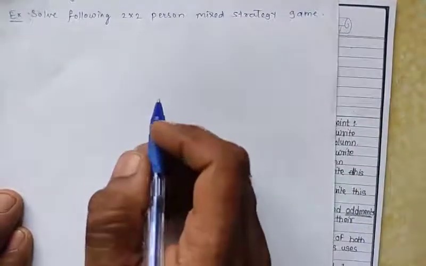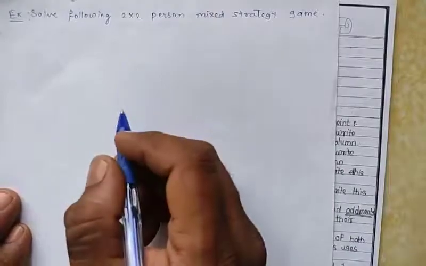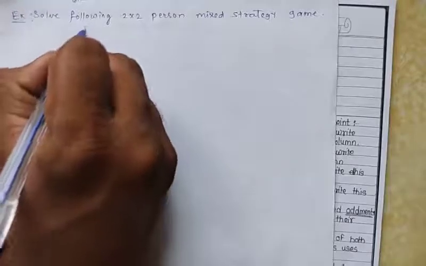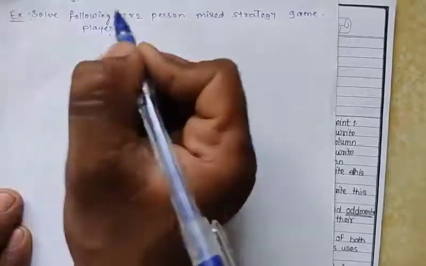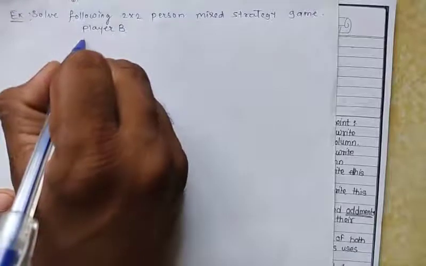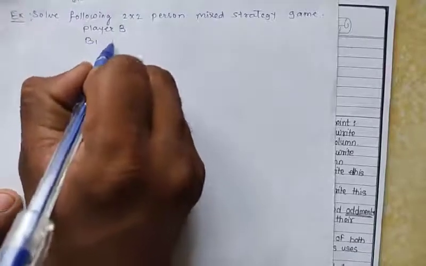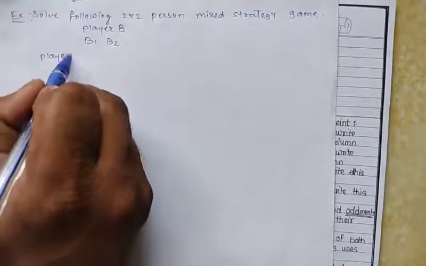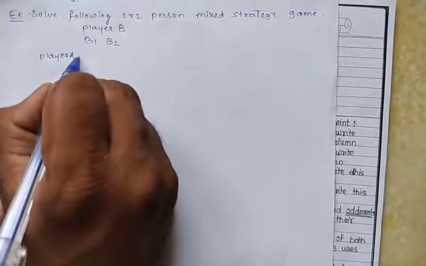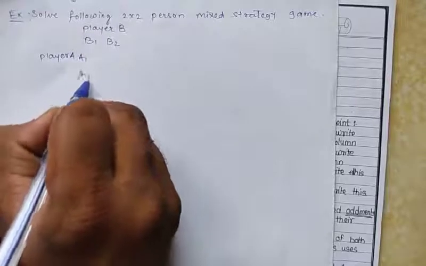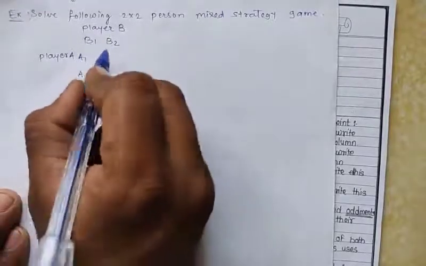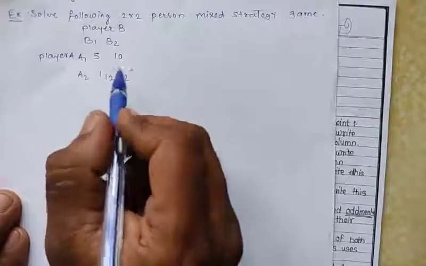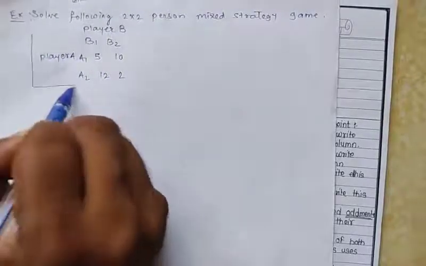We are given player B with strategies B1, B2, and player A with strategies A1, A2. The payoffs are 5, 10, 12, 2. So this is the 2 by 2 matrix we have been given.